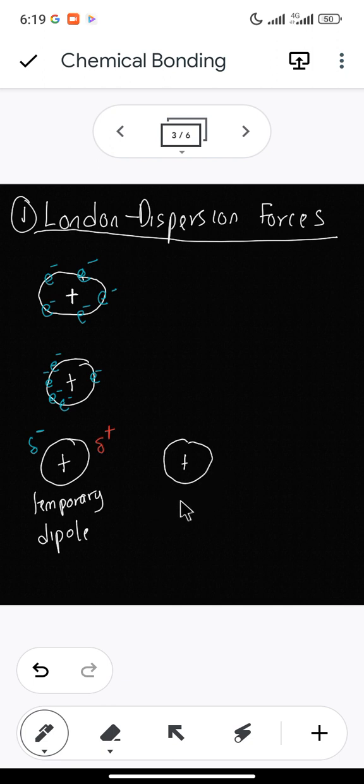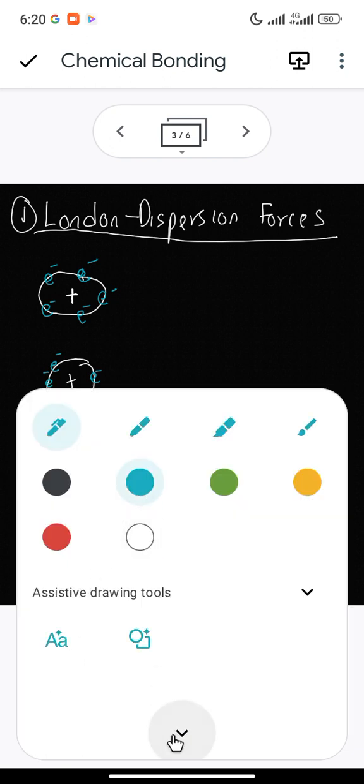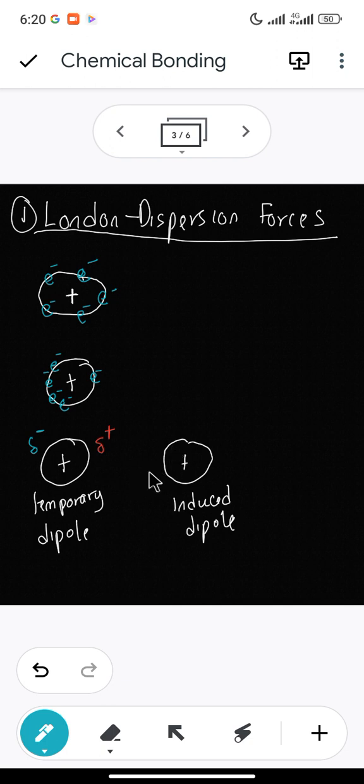It's going to become an induced dipole. Since this side is slightly positive, it's going to draw most of this atom's electrons to the left-hand side. So this is what's going to happen. This side now will have a slightly negative charge, and this other side will have a slightly positive charge.